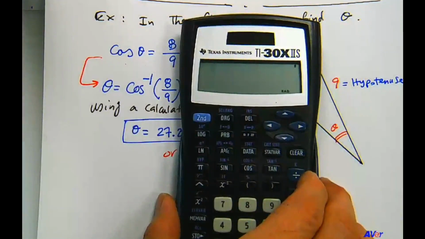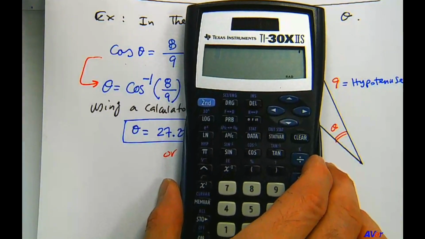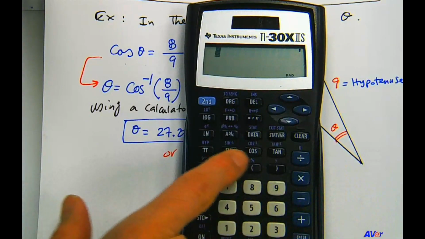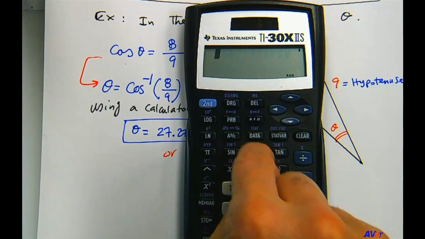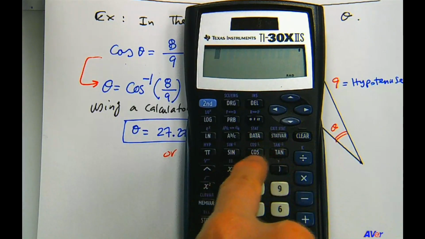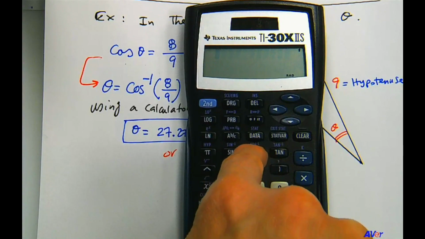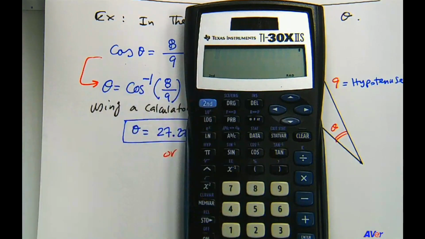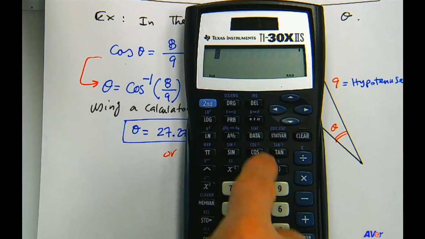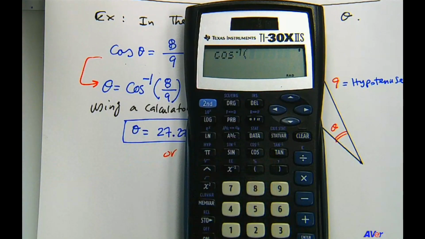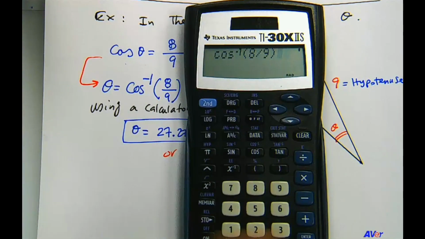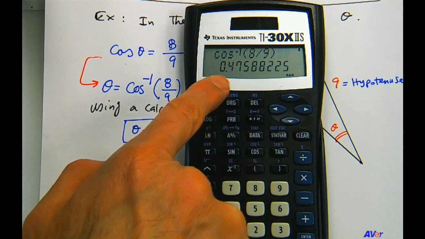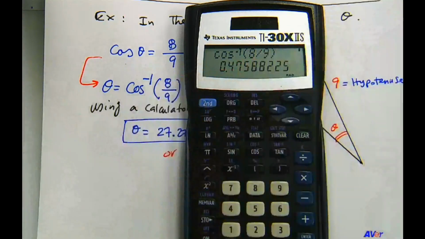So let's do that. You probably can't see it in the video because it's too small and faded, but right above my cosine function, there is an inverse cosine. To activate it, I'll have to hit that blue button, and then like that. And then 8 divided by 9, and hit enter, and I get 0.7588 and so on, right?